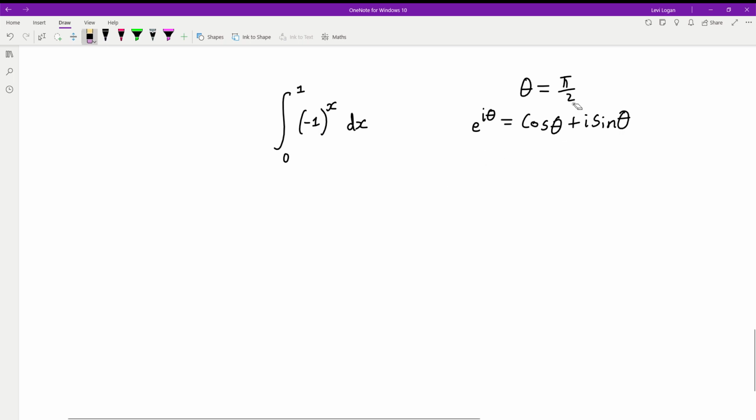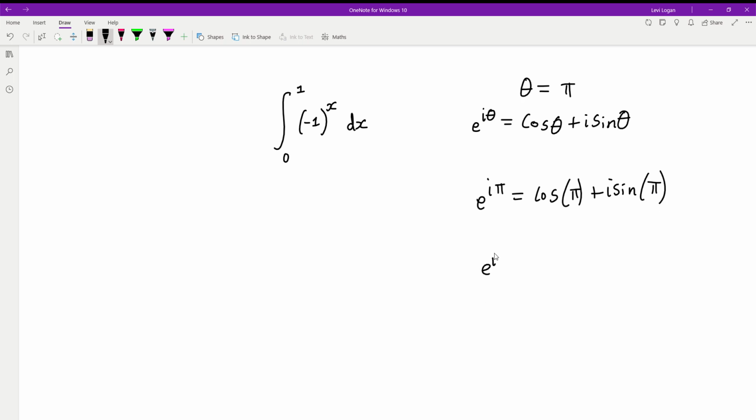So what I'm going to do is substitute theta for pi. So I'll have e to the i pi equals cos of pi plus i sine of pi. Okay? So therefore e to the i pi is equal to -1. So that means we can substitute this -1 with e to the i pi.